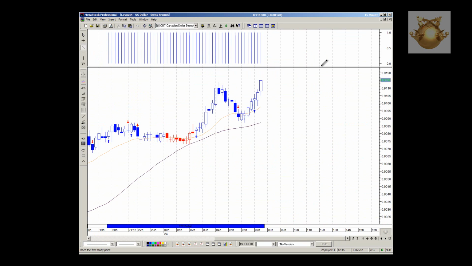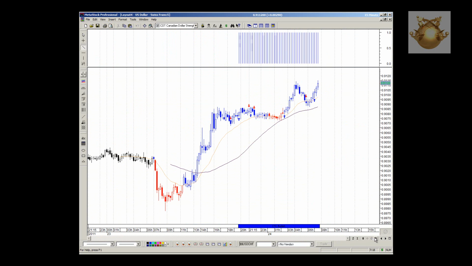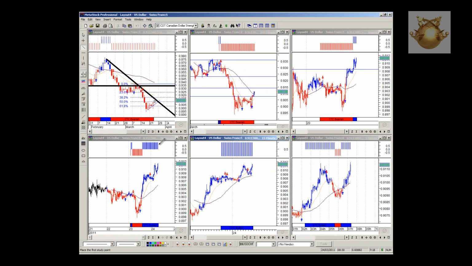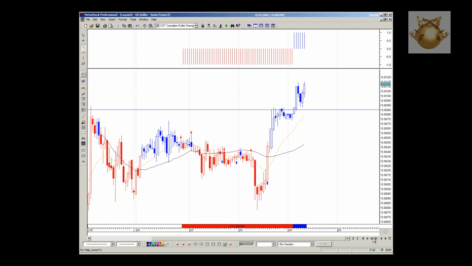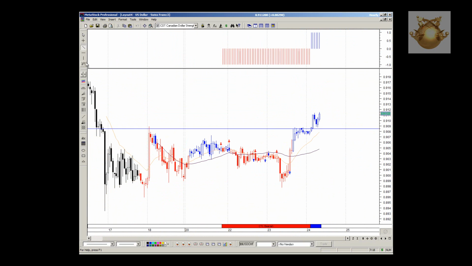We go to our 15 minutes, it's still way away here, so you might be able to see it on an hourly chart. Yeah, so we can pencil that in. So as long as it finds support above 0.9085, look for extensions to at least the 0.915 ish area.